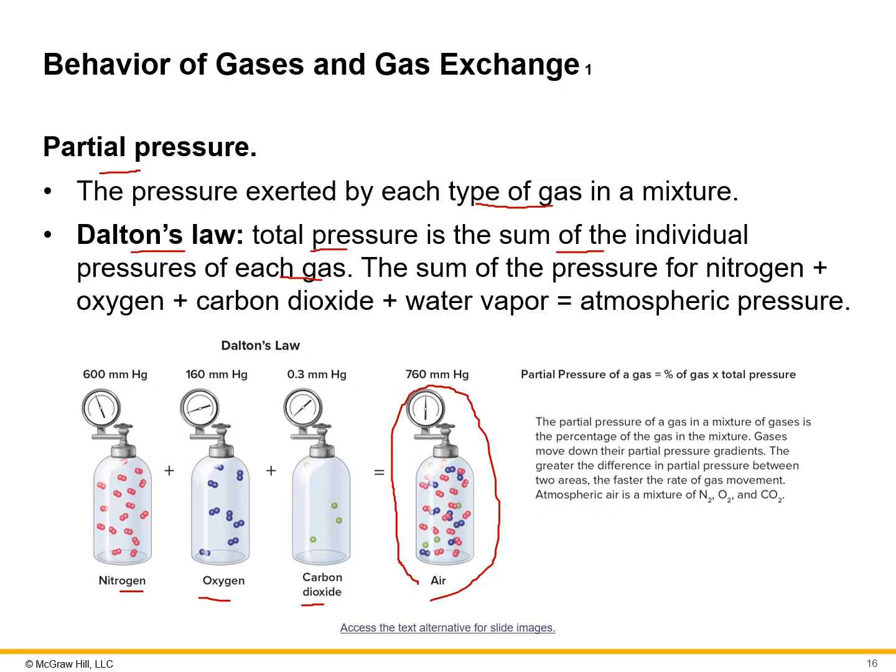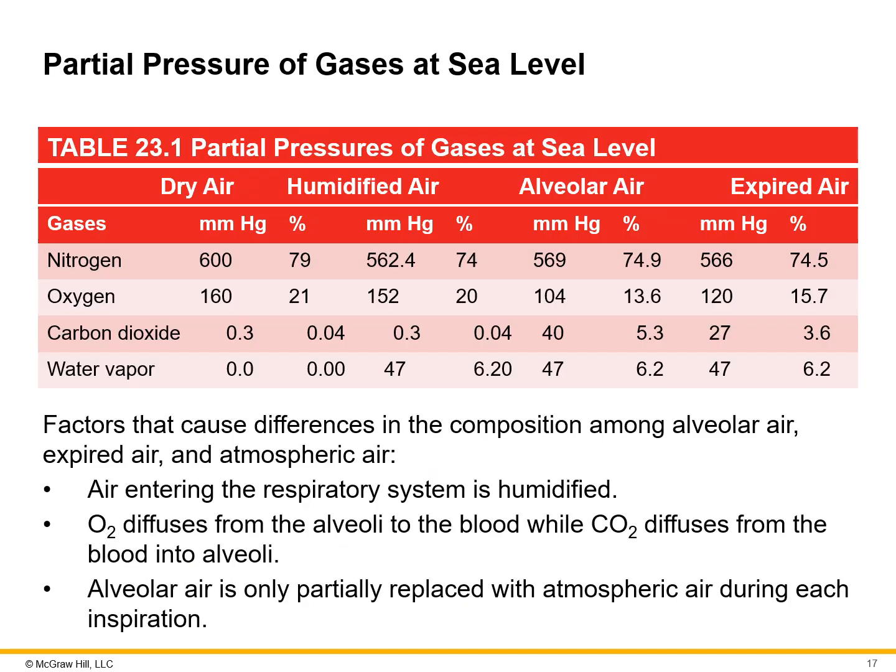So the sum of this, for atmospheric pressure, the gases we mainly talk about are oxygen and carbon dioxide, but there's also water vapor and nitrogen gas as well. If we look at these at sea level, these are not numbers that you would need to know, but we have different types of air: dry air, humidified air, and alveolar air.